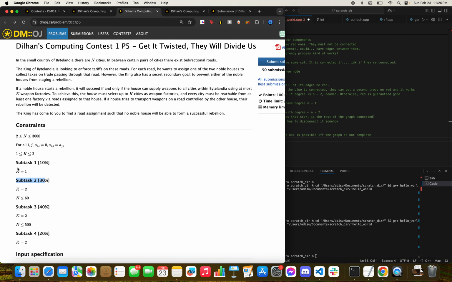So if one node is unreachable, then that's good. Take the min degree node, then remove that, and then find the min remaining graph.